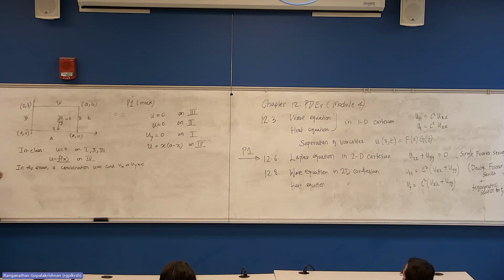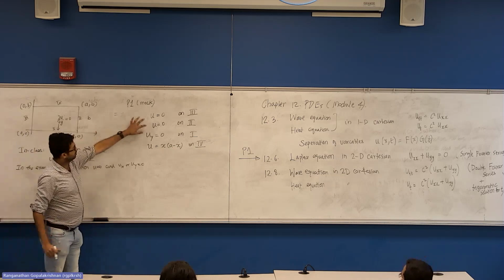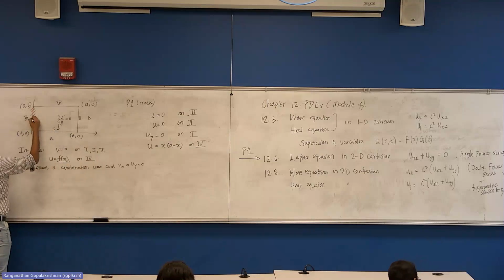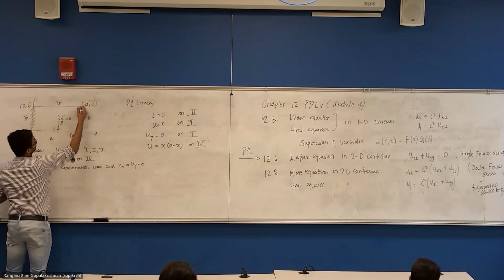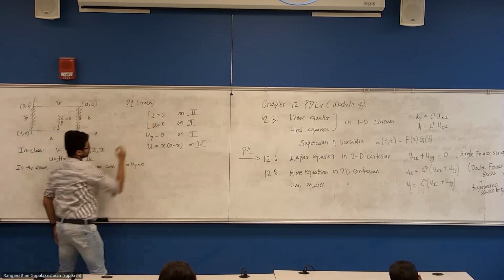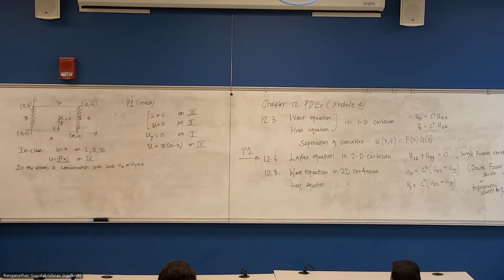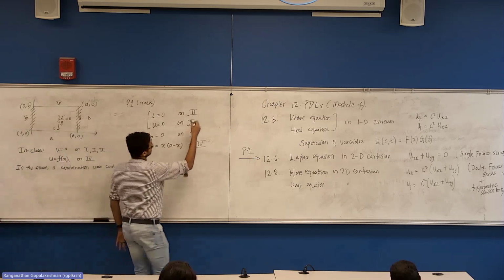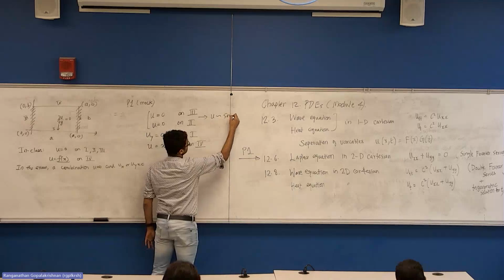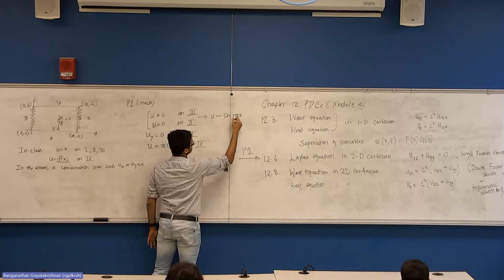So if you look at this boundary condition, on this face and on this face, u is 0. You can go through the process, but what you will find out is that u will be sine n pi x over a.